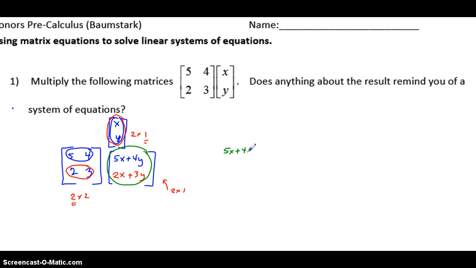There's no equal sign, but when we see a system of equations, it normally looks something like this, just missing these equal components. That's the motivation behind why matrix multiplication might get us something that looks like a system of equations.